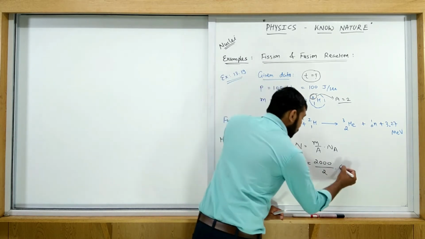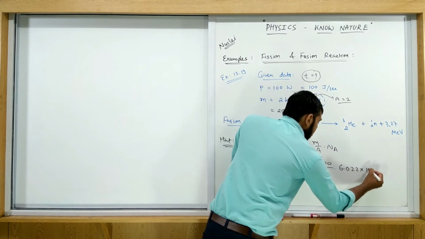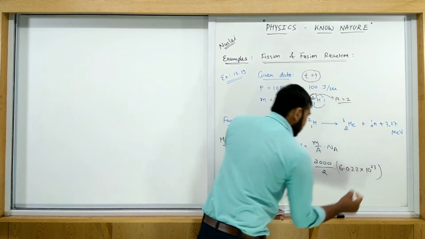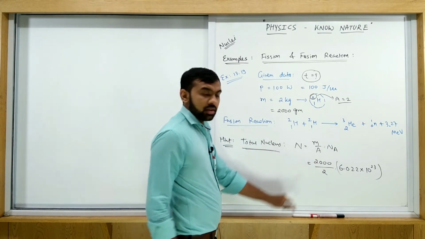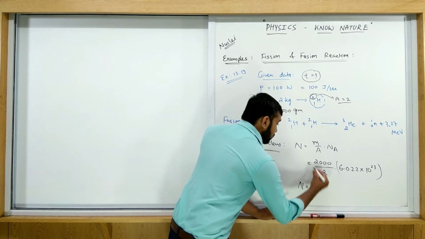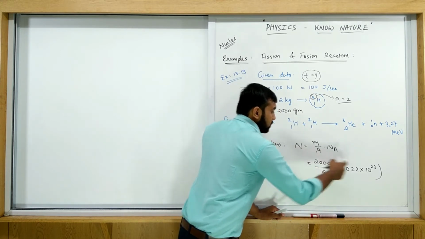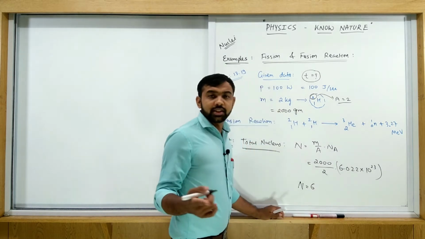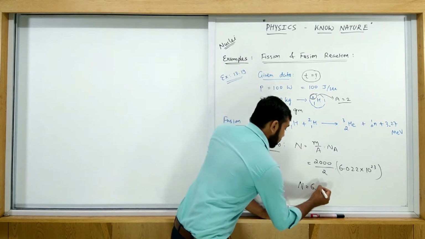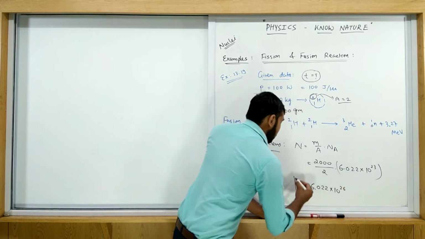Na means 6.022 into 10 raised to 23. So this becomes 1000. So finally N is equal to 10 raised to 3 and 10 raised to 23, total 10 raised to 26, so 6.022 into 10 raised to 26.